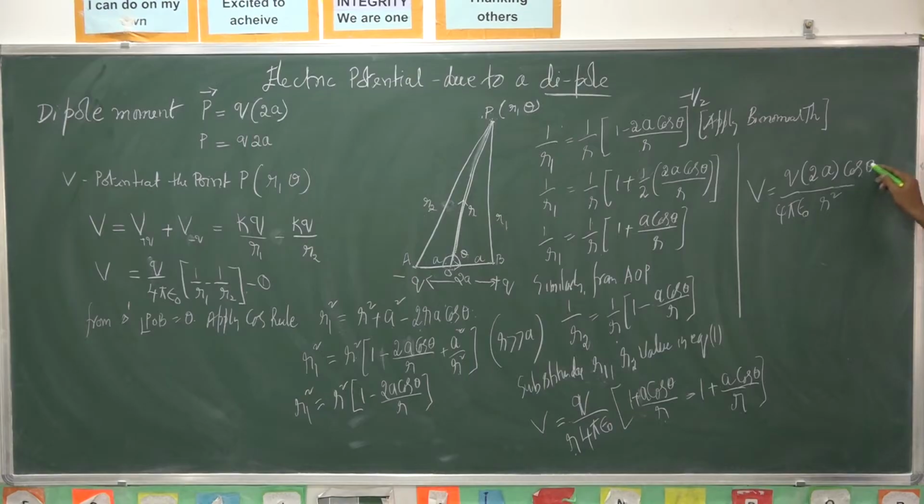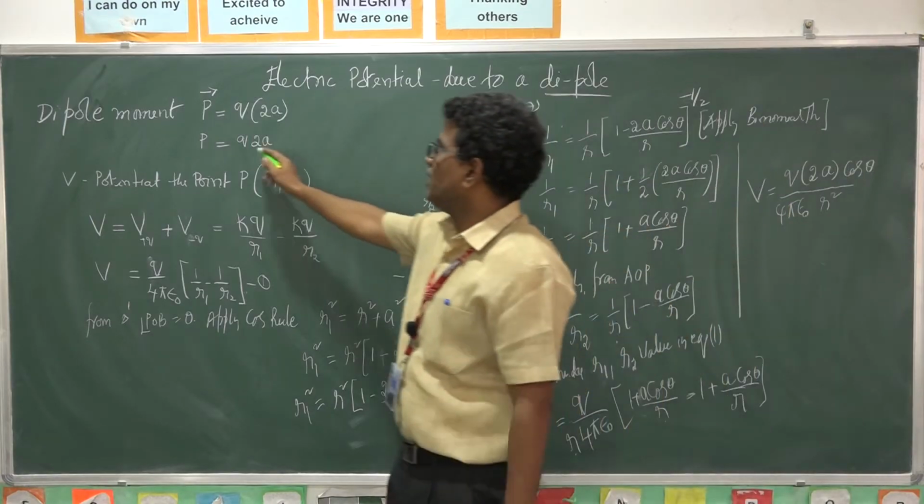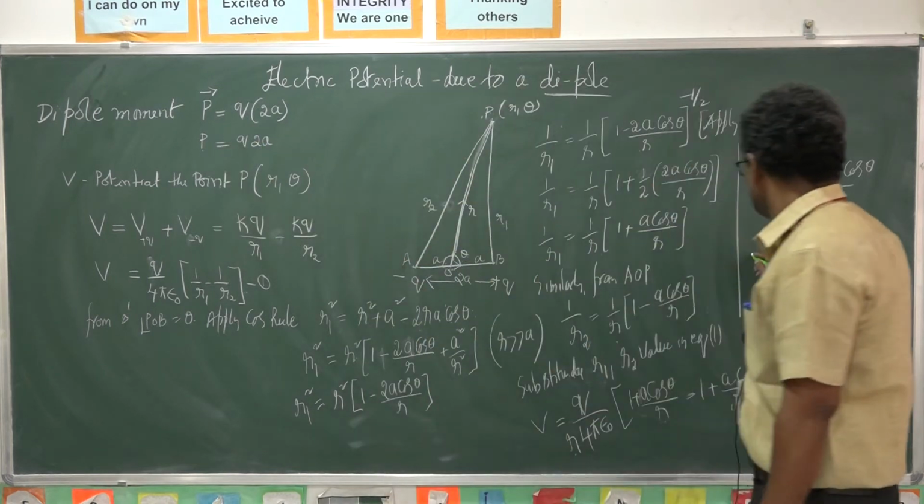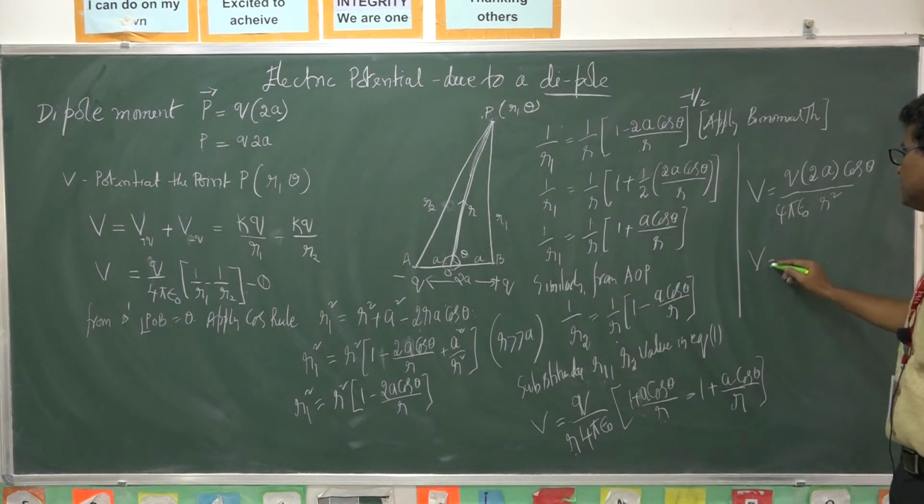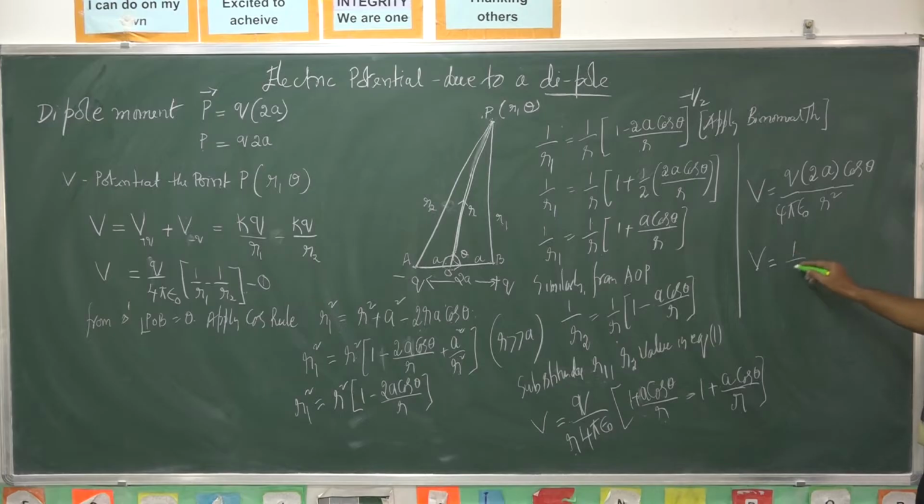So we got finally this one. Q into 2A can be written as P, dipole moment. So V is equal to 1 by 4 pi epsilon naught, P cos theta by R square. So this is the final expression for potential at a point due to a dipole.